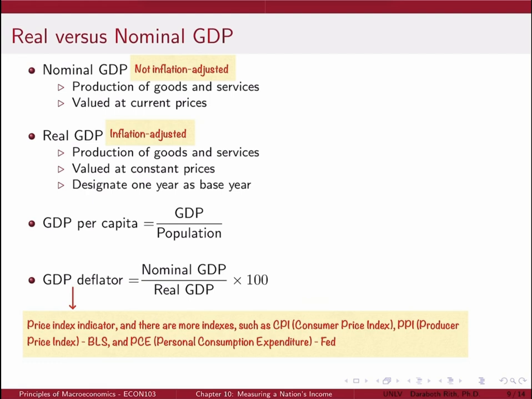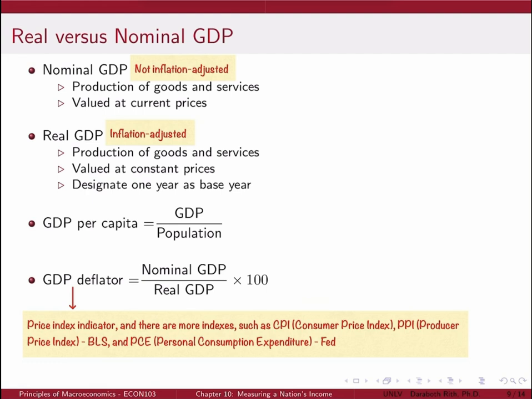The GDP deflator is one of several price index indicators used to gauge inflation and price level changes in the economy. Other common price index indicators include the Consumer Price Index, CPI, which measures the average change over time in the prices paid by urban consumers for a market basket of consumer goods and services.